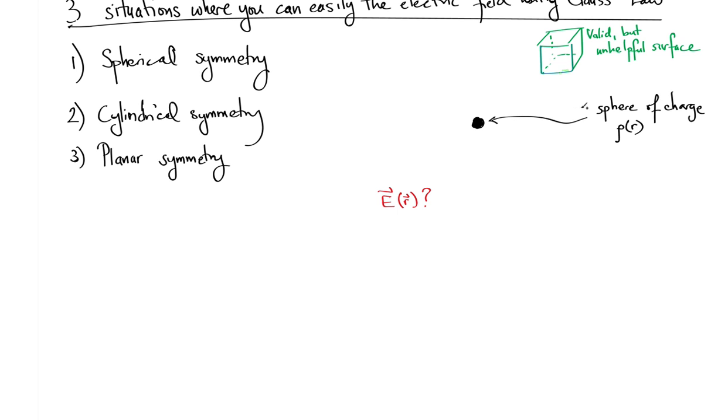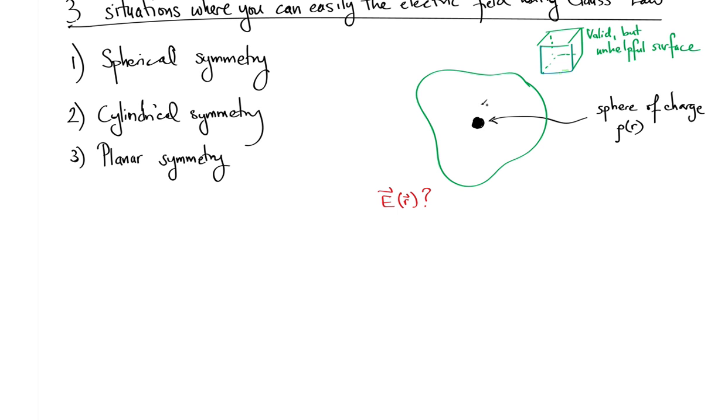I will now enclose the charge distribution of interest, but I'll make it look something like this. And we know the electric field probably, because it's a sphere of charge, and the sphere is spherically symmetric in the sense that it doesn't depend on any direction that I look at it from.